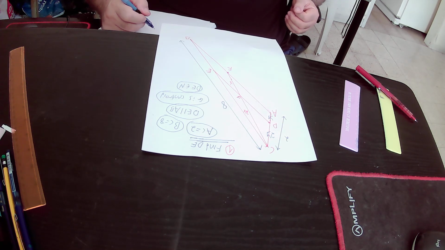And we actually have another rule that states that corresponding angles between parallel lines are equal to each other. Okay, I will write it down.